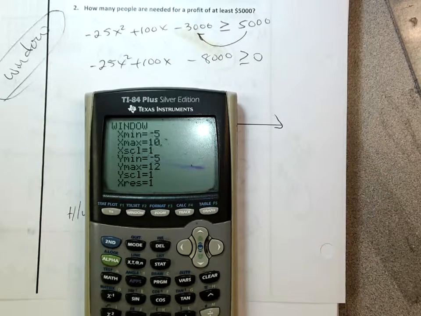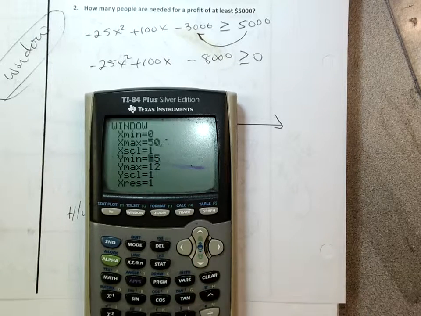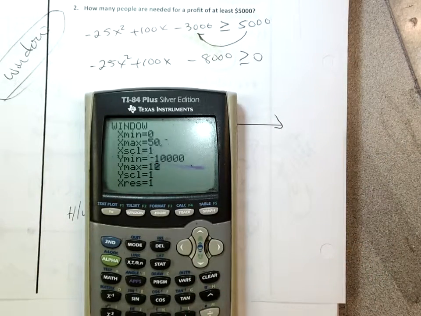First of all, let's just go 0 to maybe 50. I don't know. If I'm wrong, I'll change it, okay? I need to make a profit, so I'm going to use some pretty big numbers, maybe negative 10,000 to maybe 10,000.